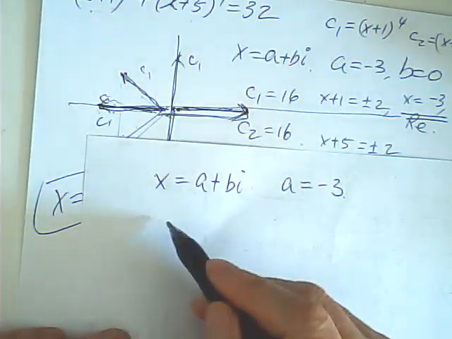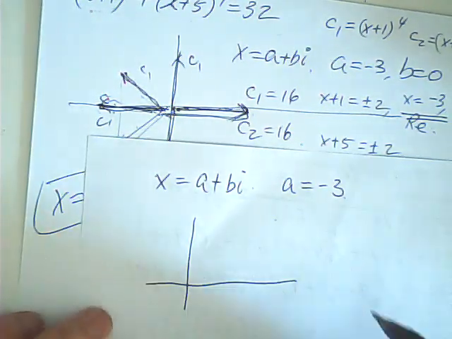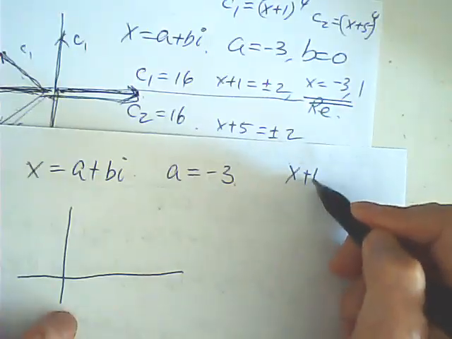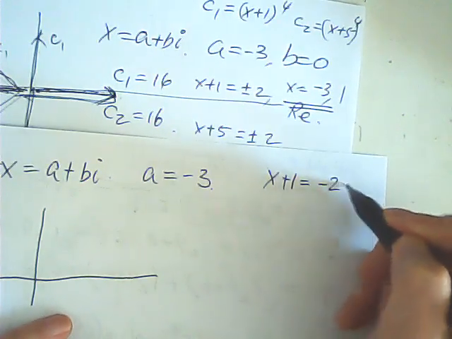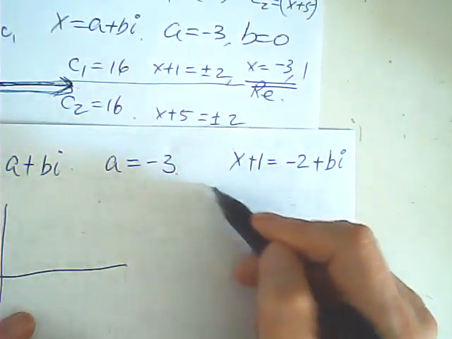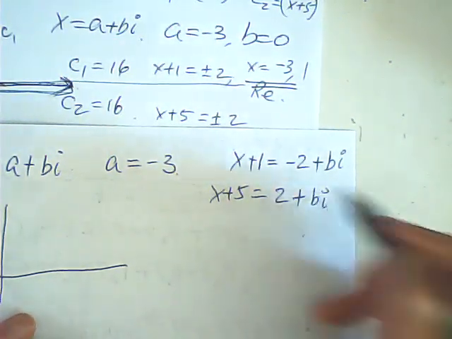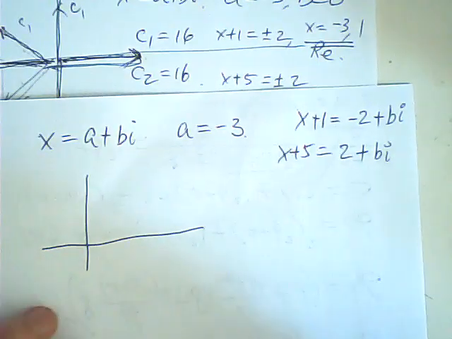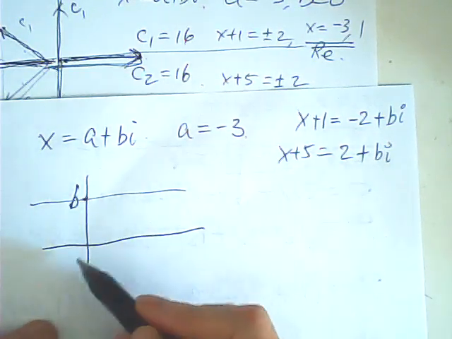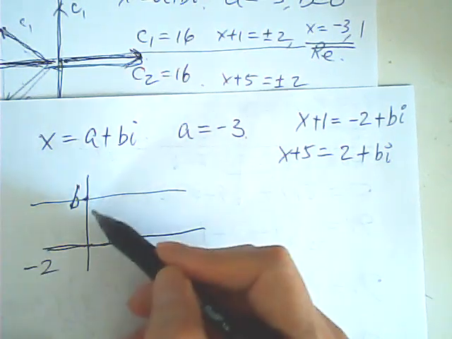Now, this means that x plus 1 is equal to minus 2 plus bi, right? X plus 5 is 2 plus bi. So this is b, this is b, this is 2, this is minus 2.